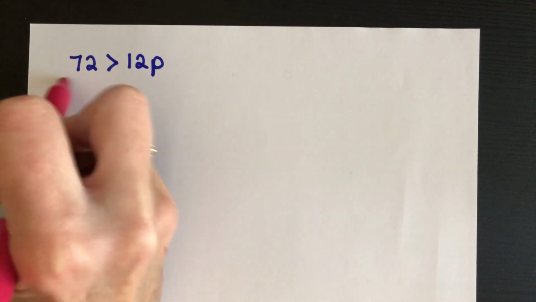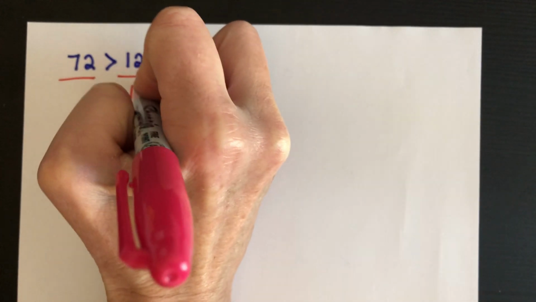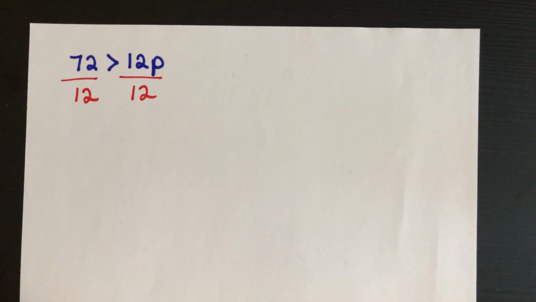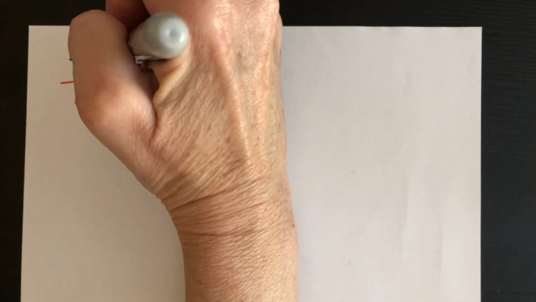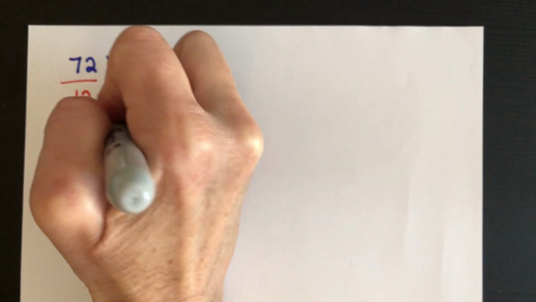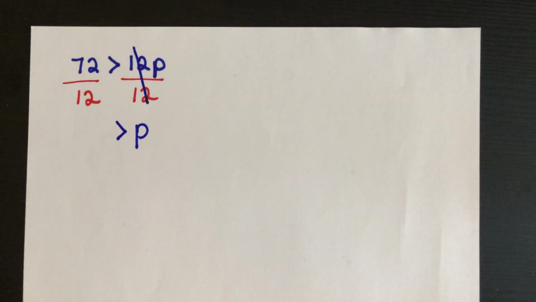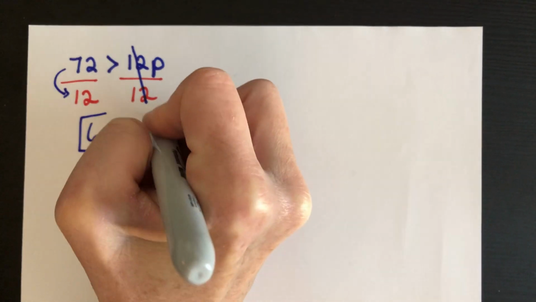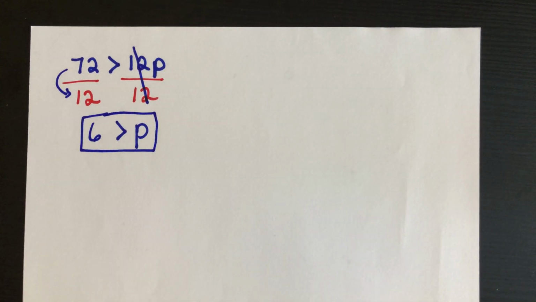The inverse operation for multiplying is dividing. So I'm going to divide both sides by 12. These 12s divided by 12 cancel out, and we're left with p on the left side. And then 72 divided by 12 is 6. So there's your answer, but I need to graph it.